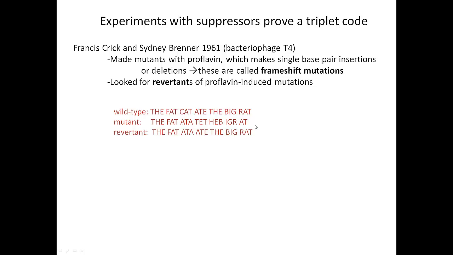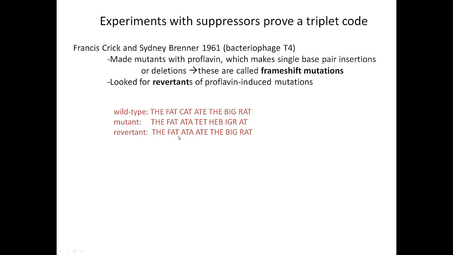Now, the important experiment that they did was they took these frameshift mutations and hit them a second time with proflavin. What they were looking for was something called a revertant. A revertant is a compensating mutation that fixes a frameshift mutation and puts it back into frame. Usually a revertant isn't necessarily an exact change back to what it was to begin with.